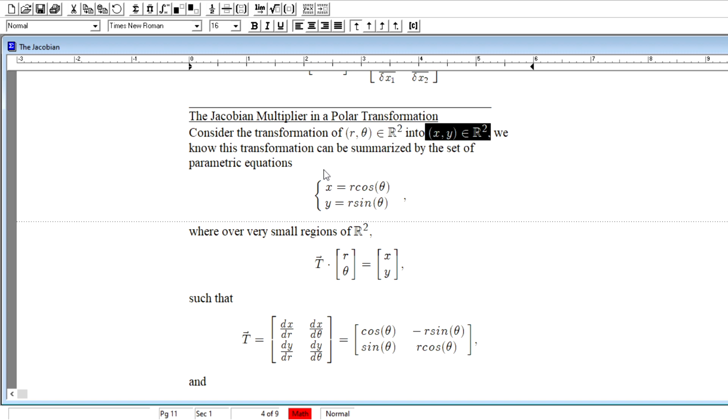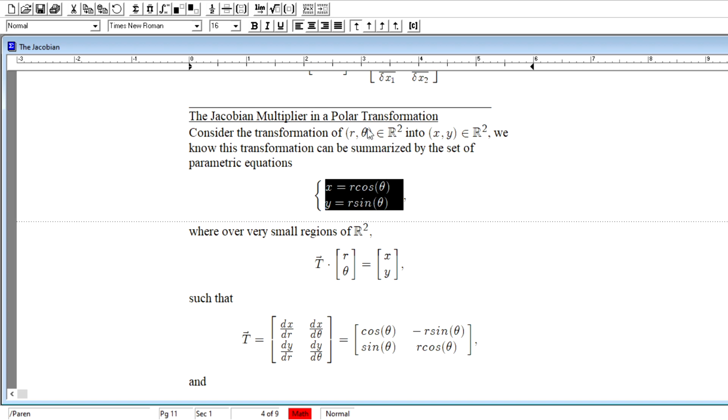And how I know that is because we're going to rely on this parameterization in our transformation. X and y are going to be thought of as being what? Parameterizations in terms of r and theta. We're going to have a set of parametric equations where the values of x and y depend upon the parameters of r and theta.